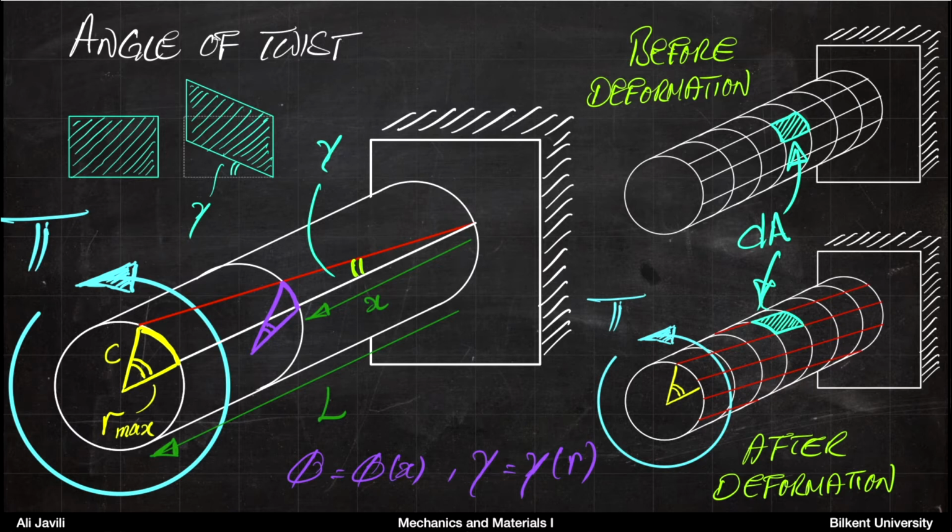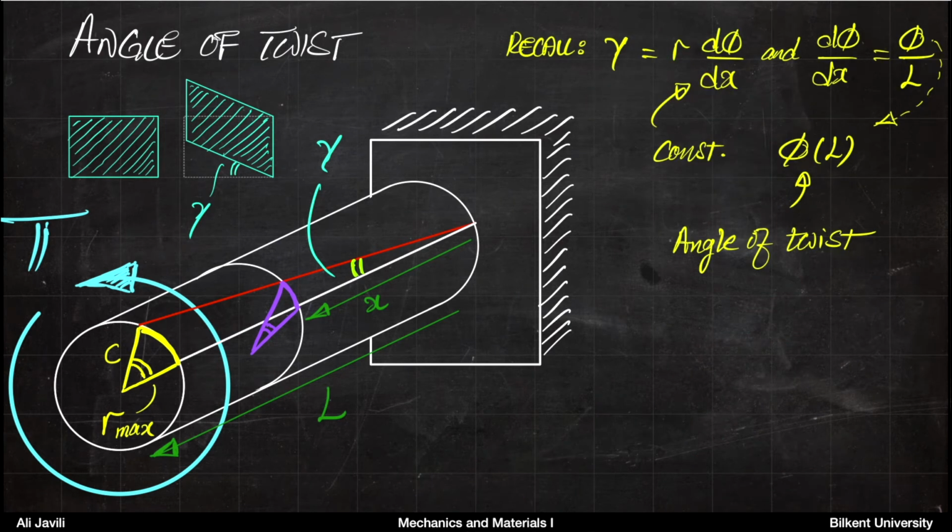In order to solve that question, we looked into these little incremental areas, and then based on that, we calculated this relation. So we learned that gamma is equal to r times d phi divided by dx, and then d phi divided by dx was constant by assumption because we assume that these lines remain straight.